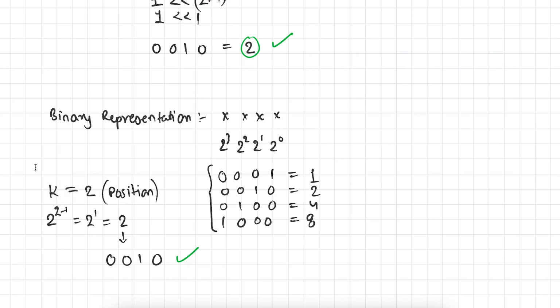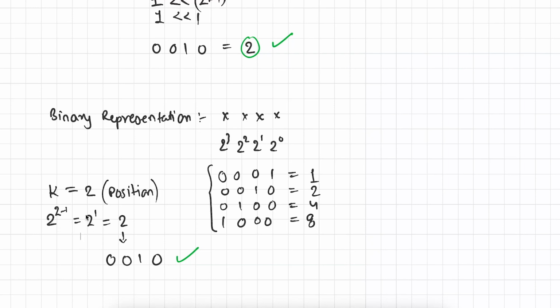So let's say I want to get a number whose kth bit is set, say the second position, right? In the second position, what is the power of 2? That power is 1. So we can simply find that number by doing 2 to the power k minus 1, right? Because if the position is 2, then the power of 2 is 1. If the position is 3, then the power of 2 is 2. If the position is 4, then the power of 2 is 3.